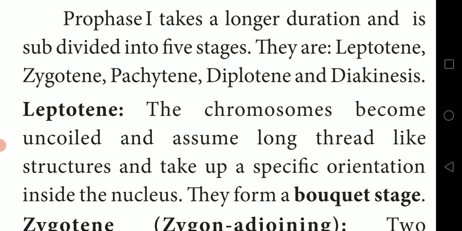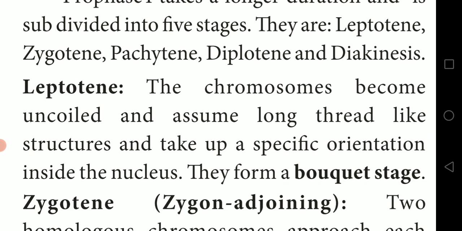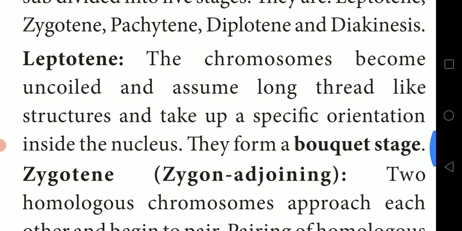The chromosomes become uncoiled and assume long thread-like structures and take up a specific orientation inside the nucleus. They form a bouquet stage.